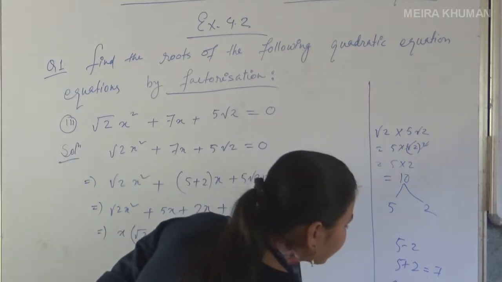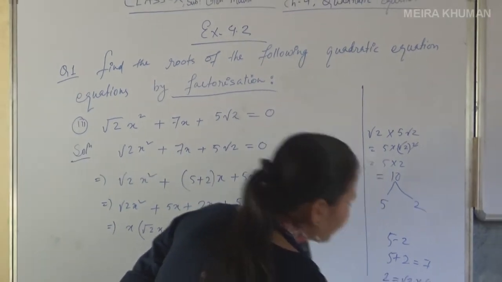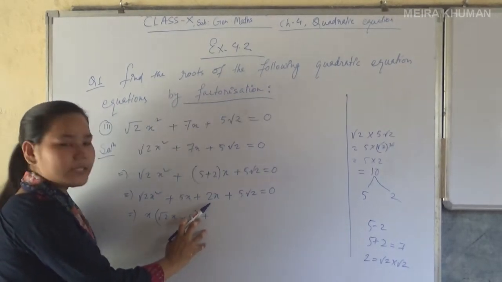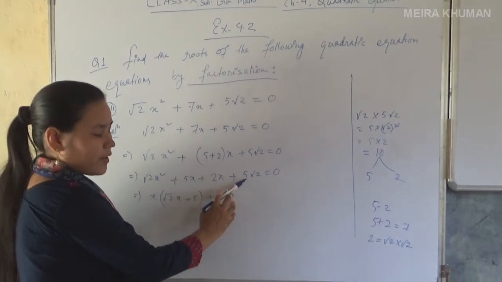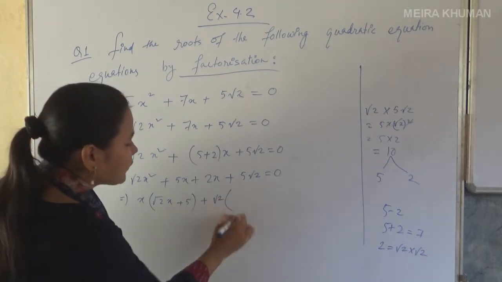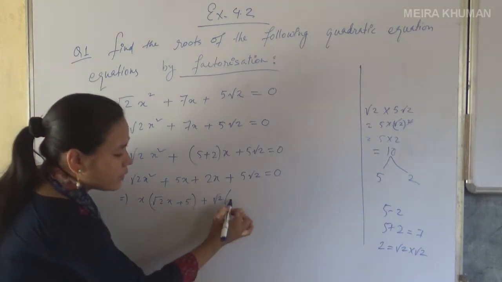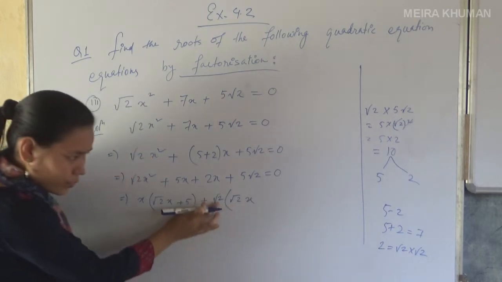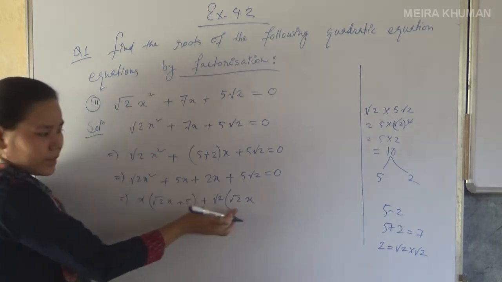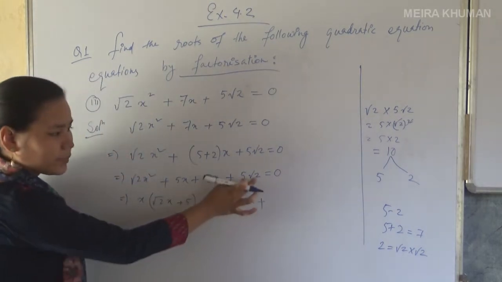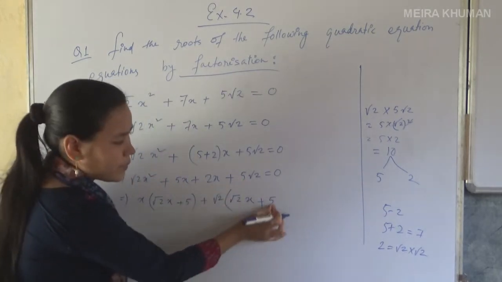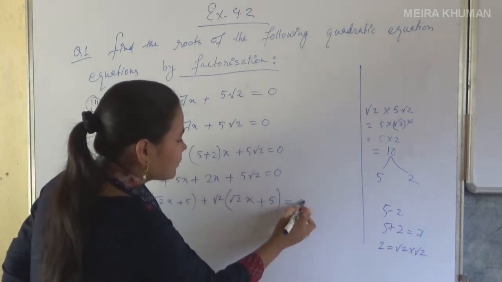This 2 can be written as root 2 into root 2. Remember, so this 2 means root 2 into root 2. From here you can take root 2 common, because here there is also a root 2 in 5 root 2. Taking root 2 common, we get root 2 x plus 5, since root 2 into root 2 is 2, and the remaining is root 2 into 5, which is 5 root 2, equal to 0.